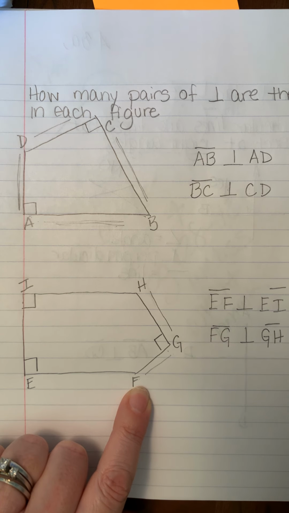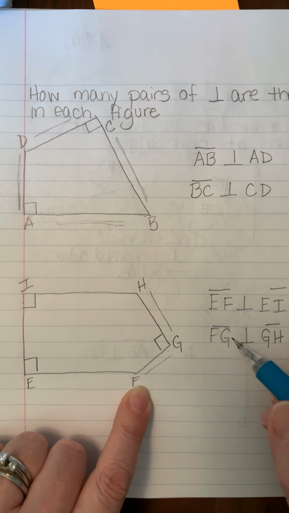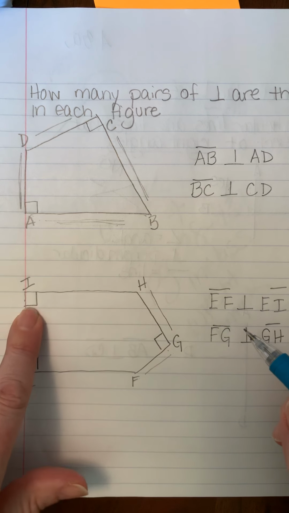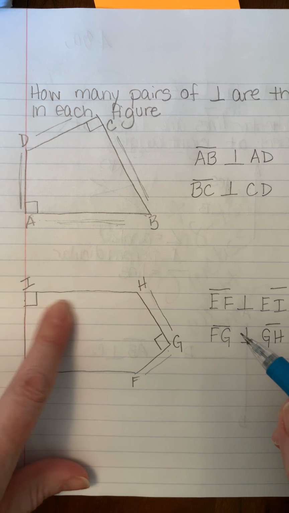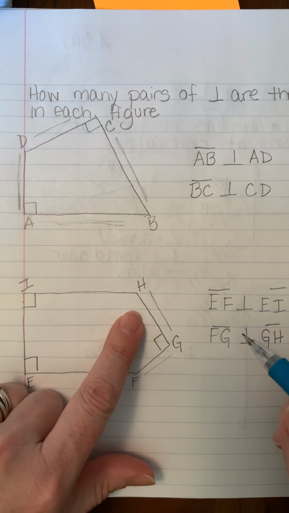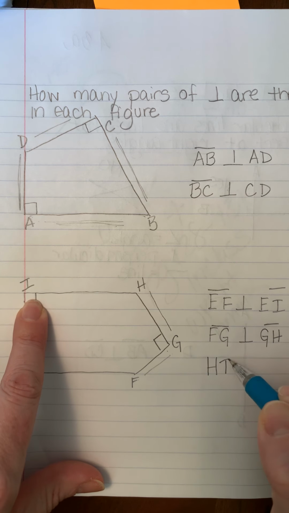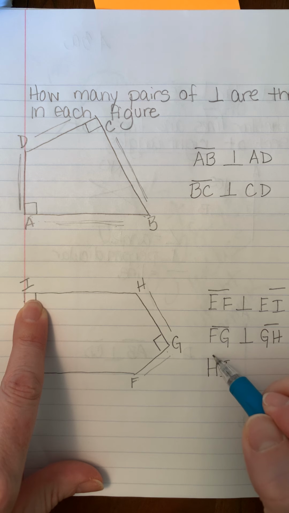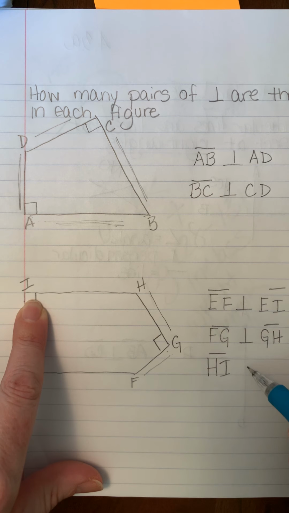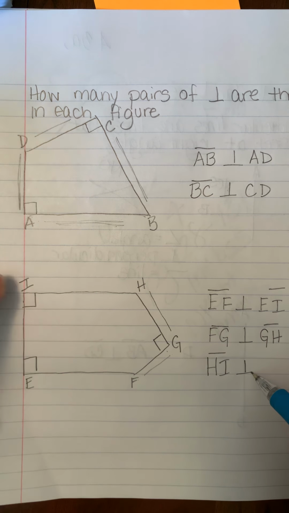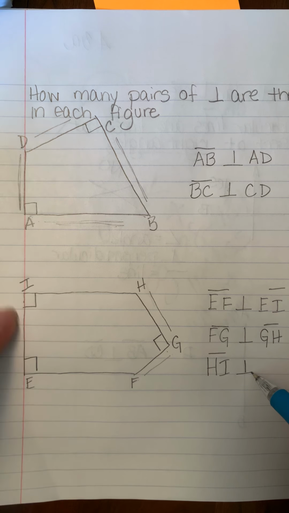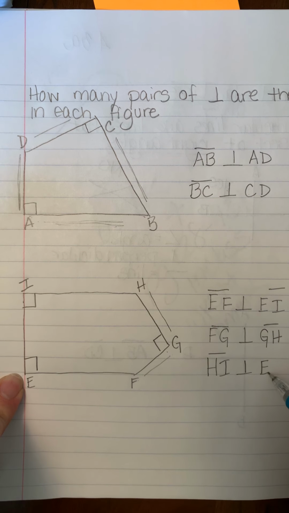We got 1 more. Alrighty, so I'm going around like this. So here's my other 90-degree one. Here's the perpendicular. So I'm going to name this line HI, perpendicular to EI.